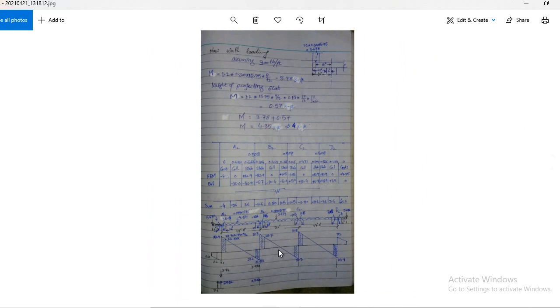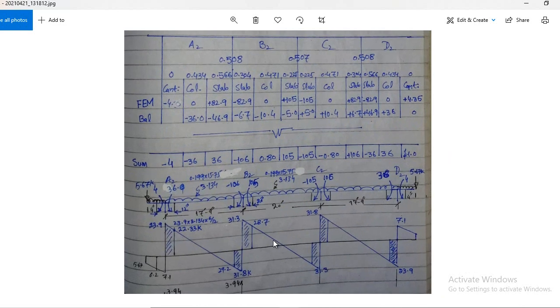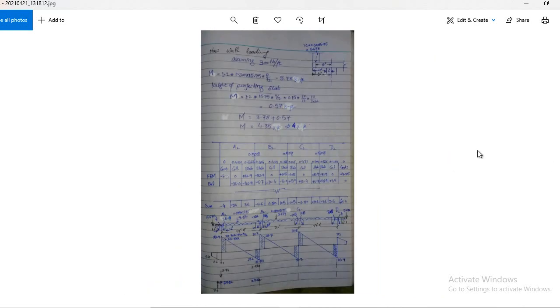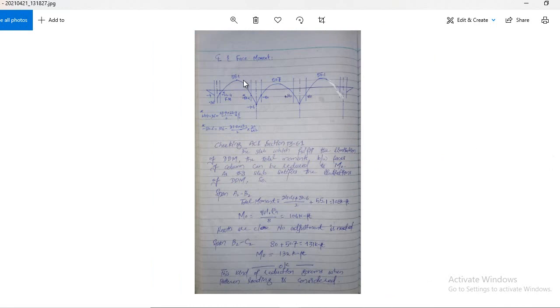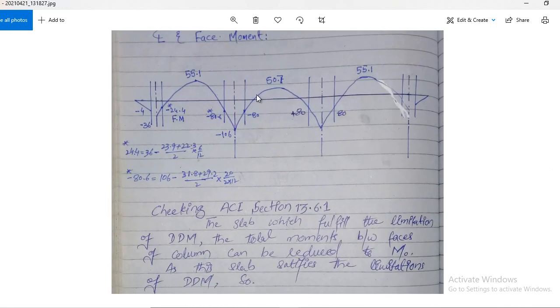Now from this shear force diagram we have to draw our moment diagram. I draw the moment diagram from that shear force diagram. Clear? Remember, this is -4, you already know this from the moment distribution table. -36 we also know from the moment distribution table.